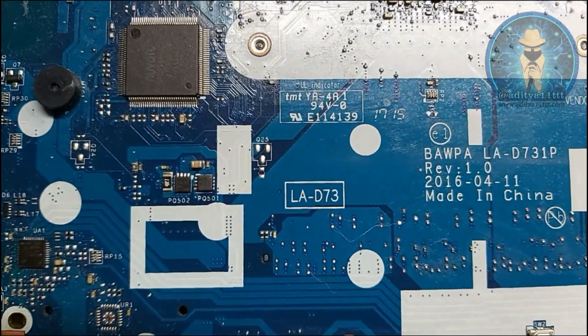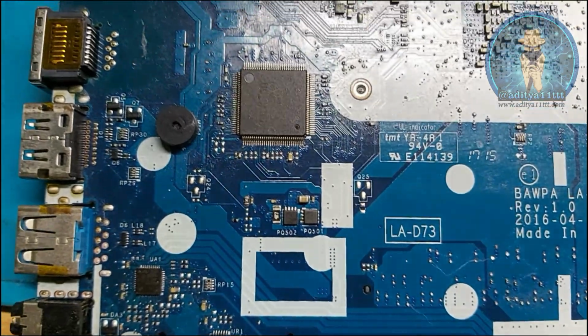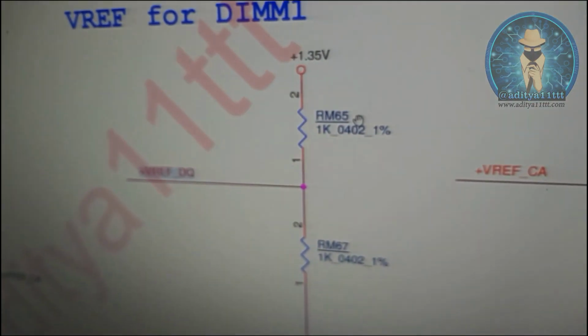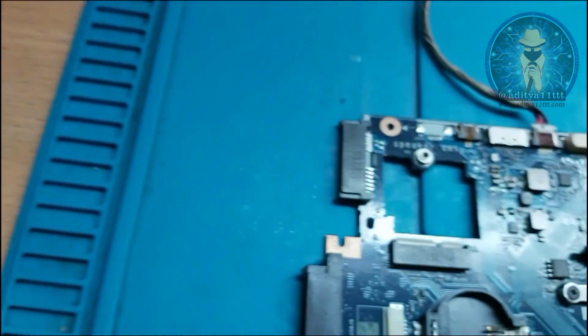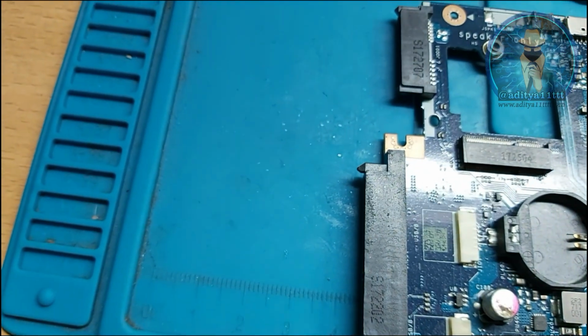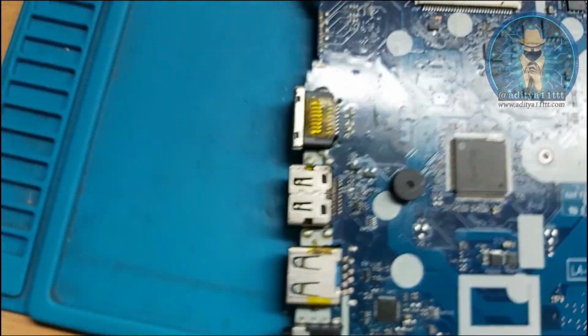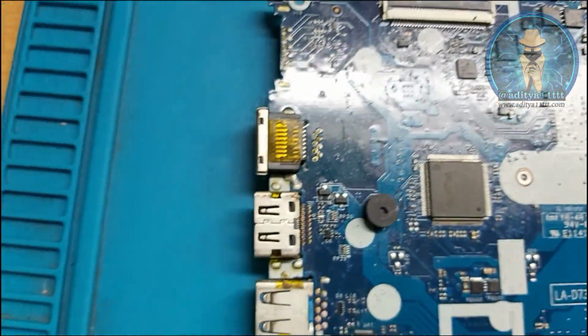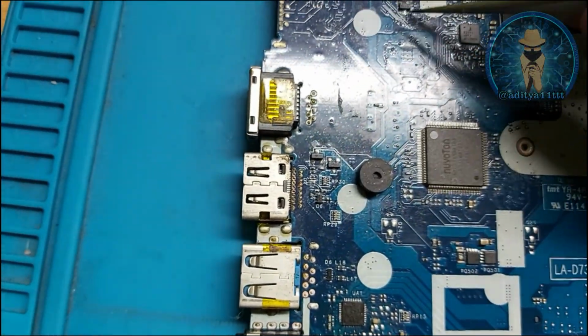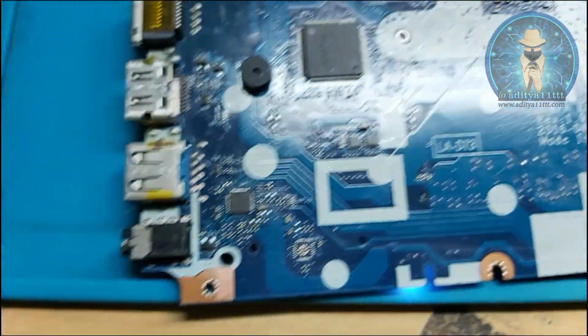Now I am replacing the resistor with 1 kilo ohm from scrap board. Okay, so as per circuit I am replacing 1 kilo ohm. Okay, so again I am connecting a RAM. Now I am connecting my USB keyboard. Before that, let me check the supply on reference voltage. MBD is trigger on.